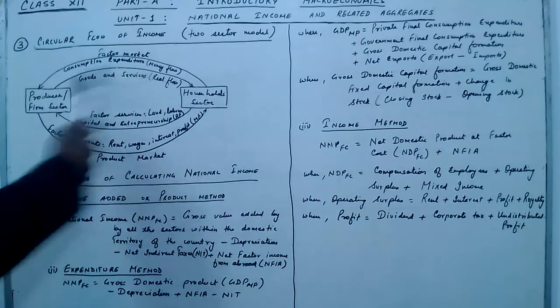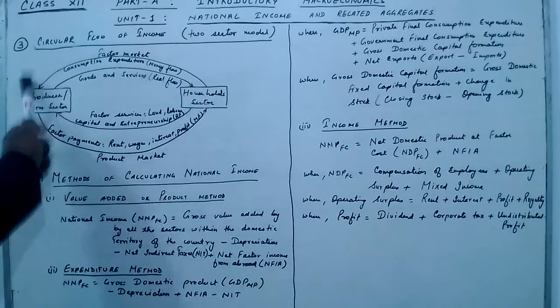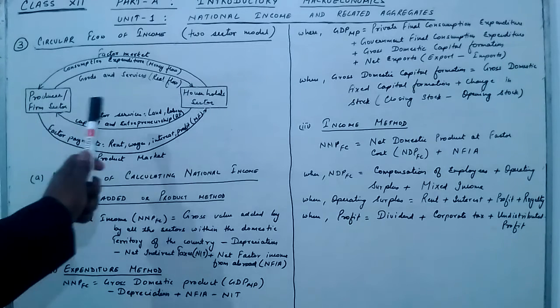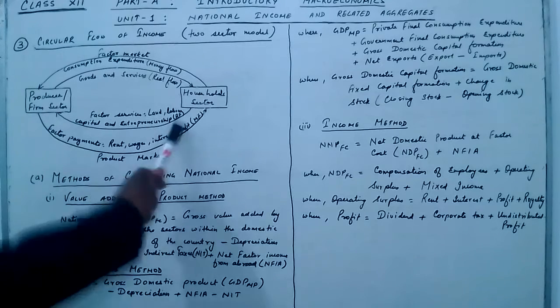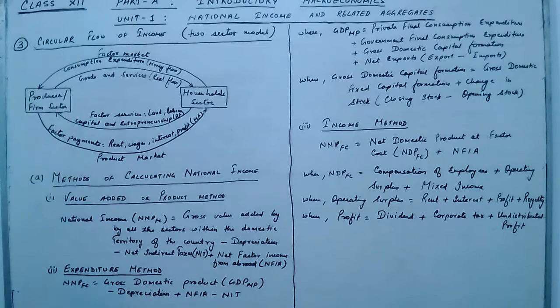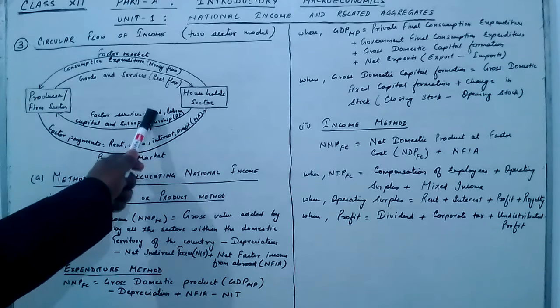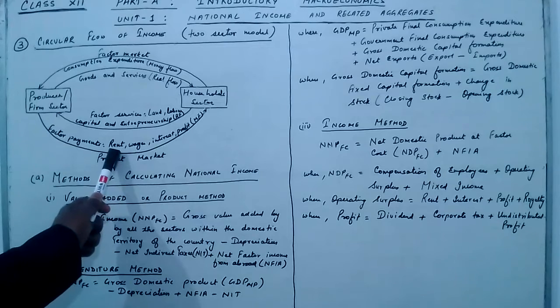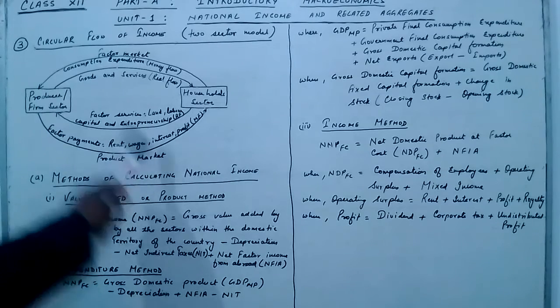So the household buys goods and services. In return, the household gives money, while the household also supplies land, labor, capital and entrepreneurs. This is again the real flow. From the land, household people get rent. The labor gets wages.